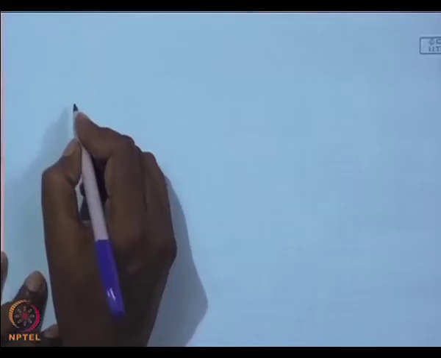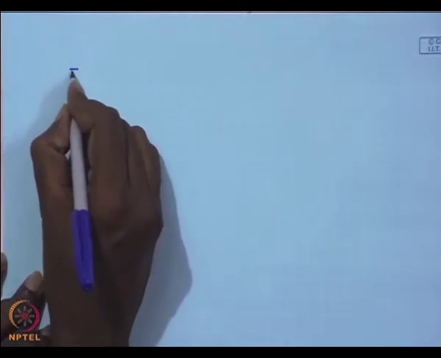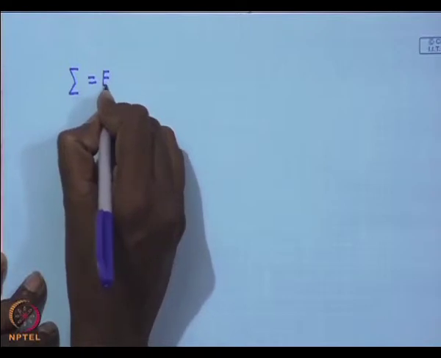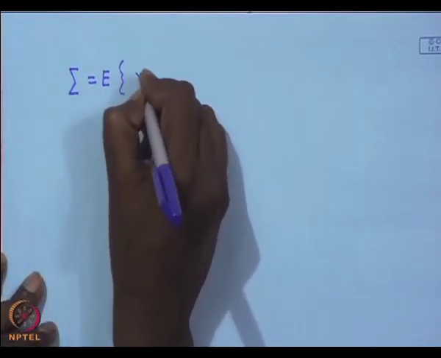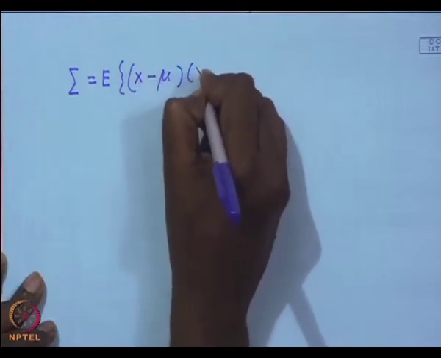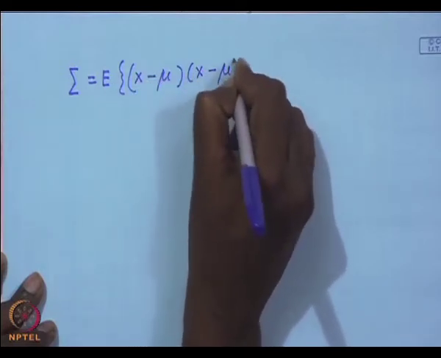So, as per our definition, the covariance matrix sigma is equal to the expectation value of (x minus mu) into (x minus mu) transpose.